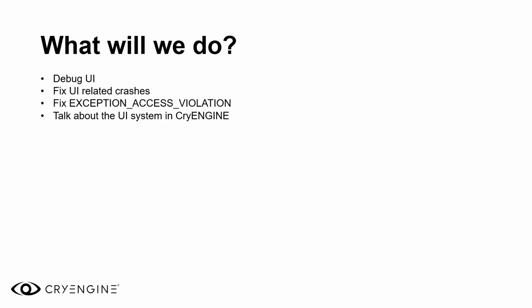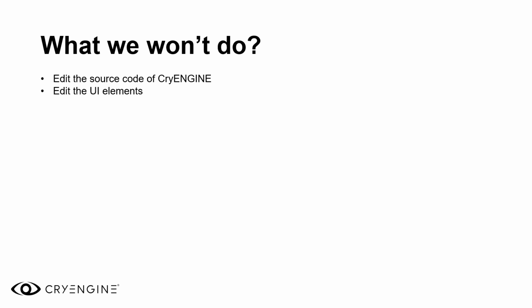So what will we do in this tutorial? We will debug the UI, we will fix the crashes related to the UI, and we will fix the exception access violation, which is basically your indication that something is wrong with the UI. And we will talk a little bit about the UI system in CryEngine and why this is happening.